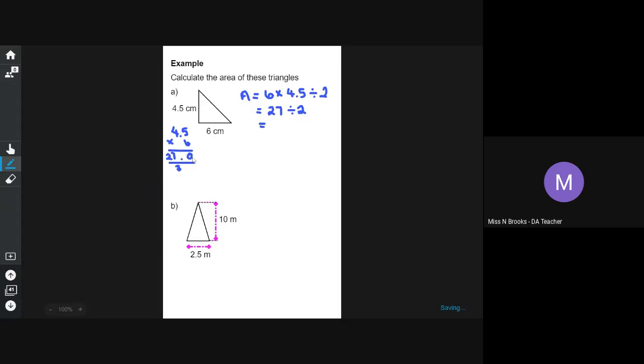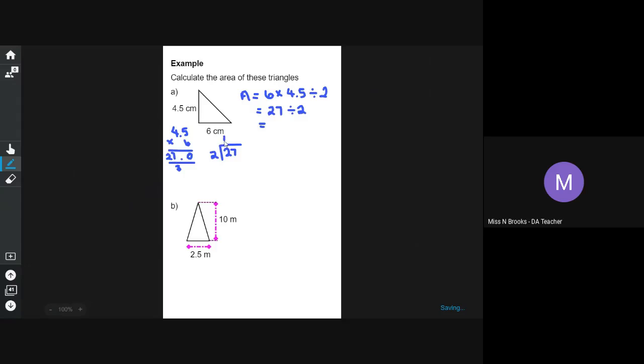We don't need that 0.0 because it's a whole number. In the same way that you can think about how many 2's are in 27 and what is the remainder, or you can set it out like this.